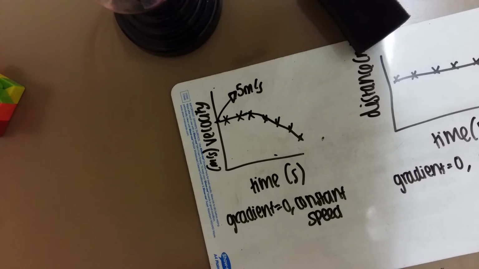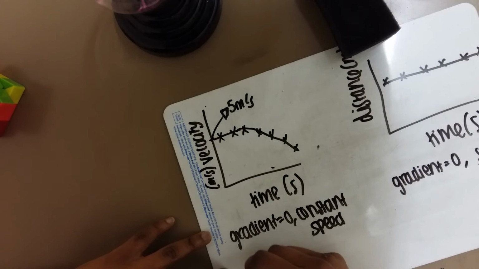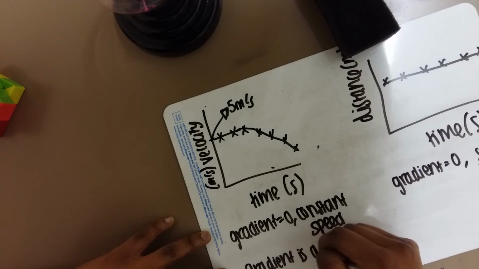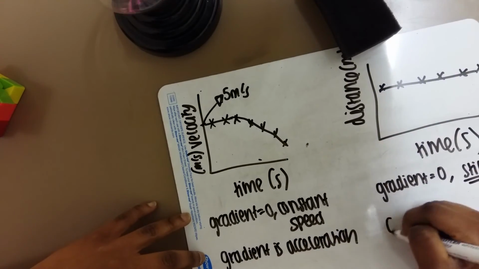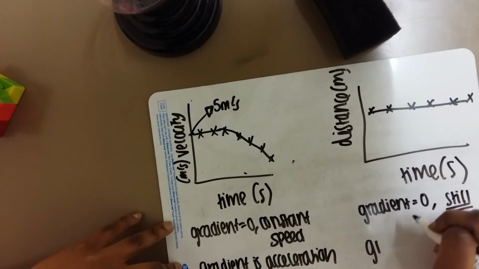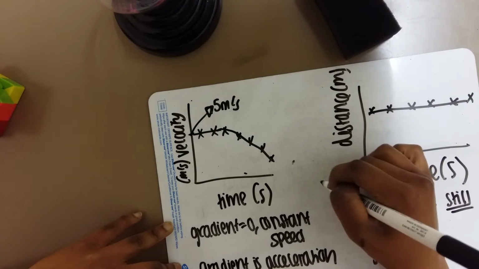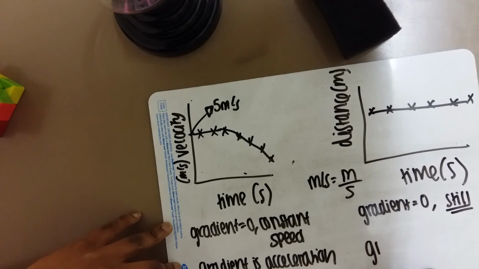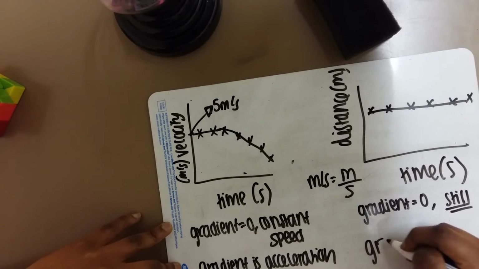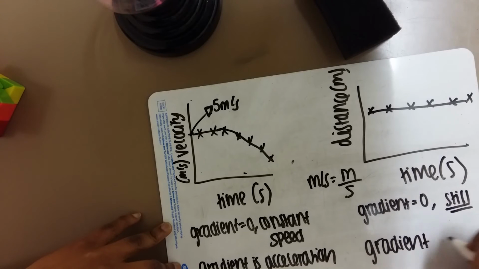Another thing is that the gradient of the velocity time graph is the acceleration. So the gradient is acceleration. Here, the gradient is the distance over time, and we know from the equation before that speed equals distance over time. So the gradient is the speed in a distance time graph.